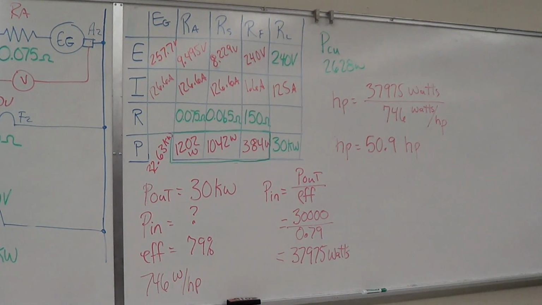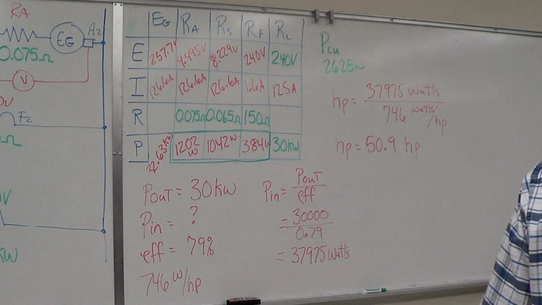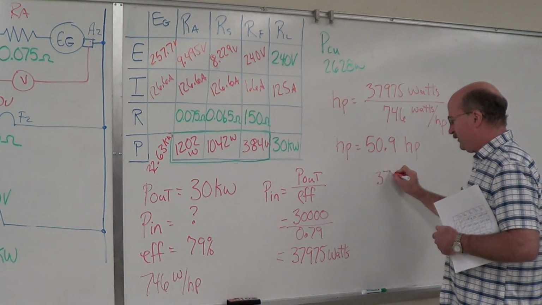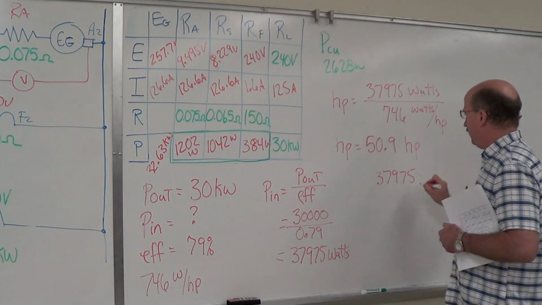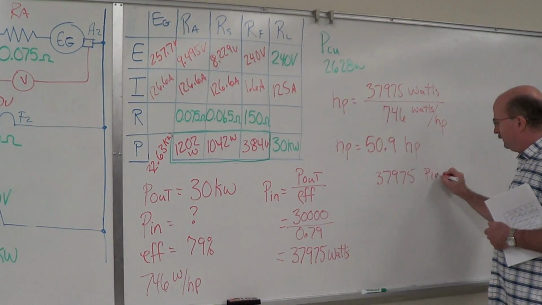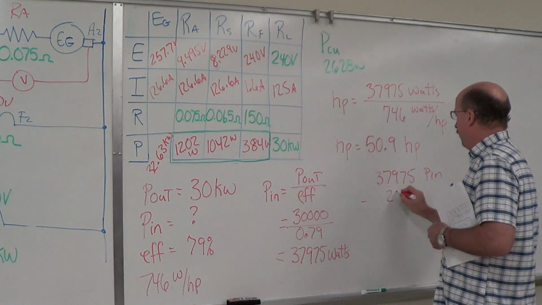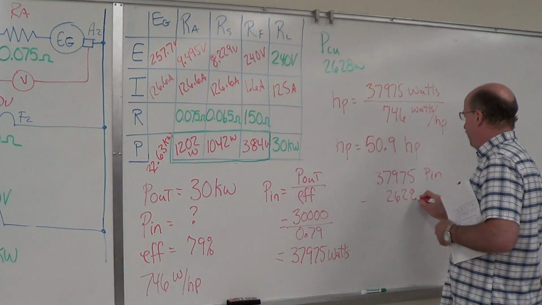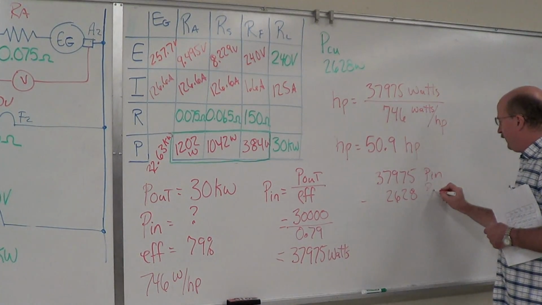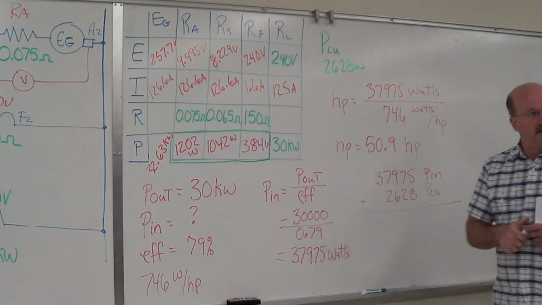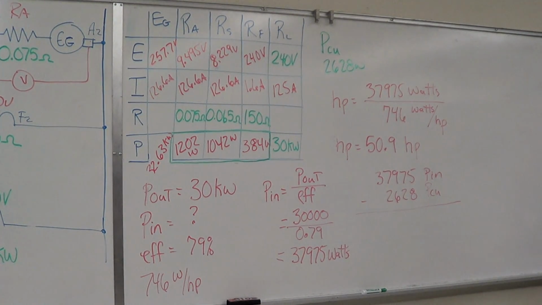Other questions? Can you explain what you said about if you take the watts and subtract? If you have 37,975, that's the power in, minus your 2628, that's the power in the copper. What are we left with there? Would it be power out?